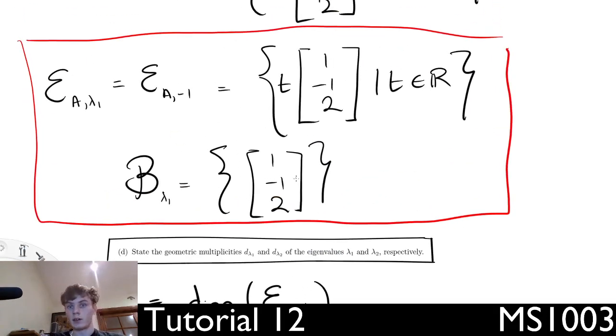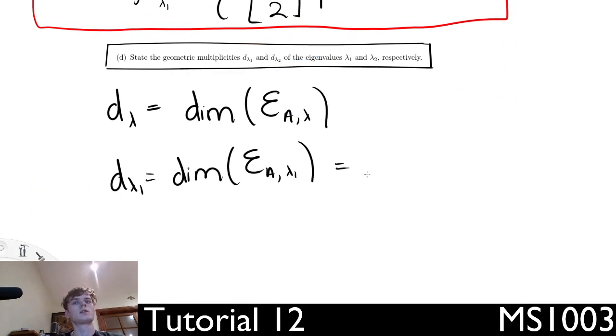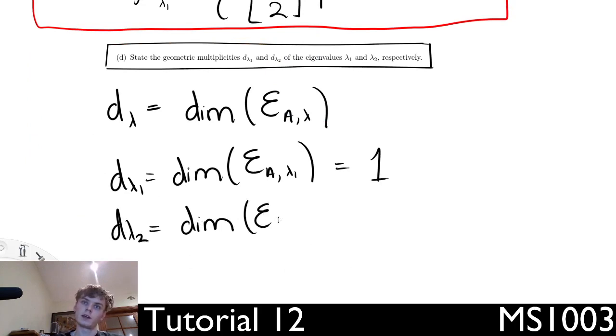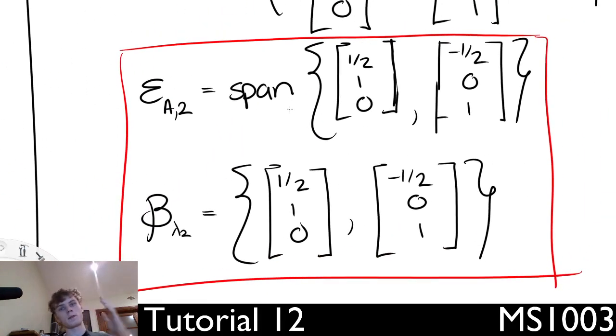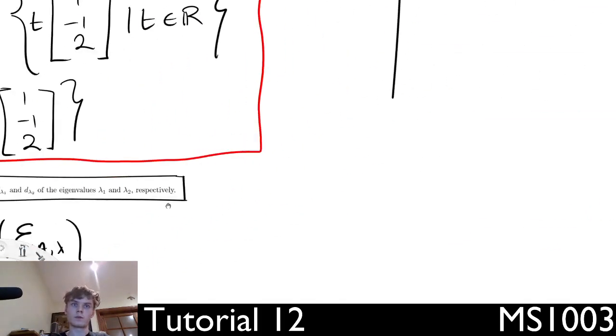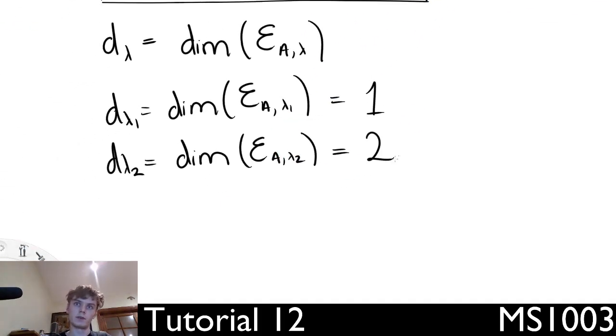And we have right here, it's the span of just 1 vector, the basis generating it is 1 vector, so the dimension is 1. d lambda 2 then is the dimension of E_A(lambda 2). And we'll just go over and look at this. Span of 2 vectors, the basis generating it had 2 vectors, so the dimension has to be 2. Job done.